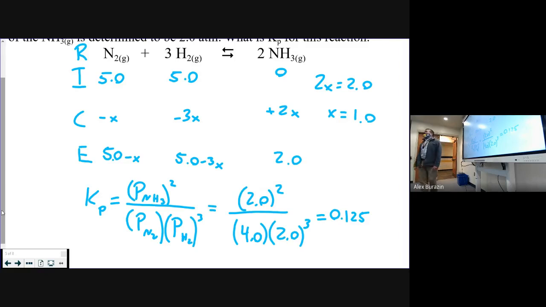I know we've been doing ICE tables for a little while here, but this is an example of where that ICE table really helps. Because we put in what we know. It told me this initially, and it told me that at equilibrium. And then you use it to work around and get the rest, right? How do you determine minus or plus?